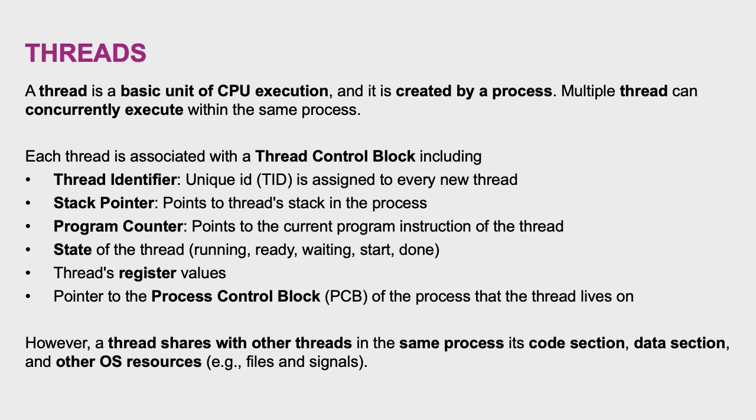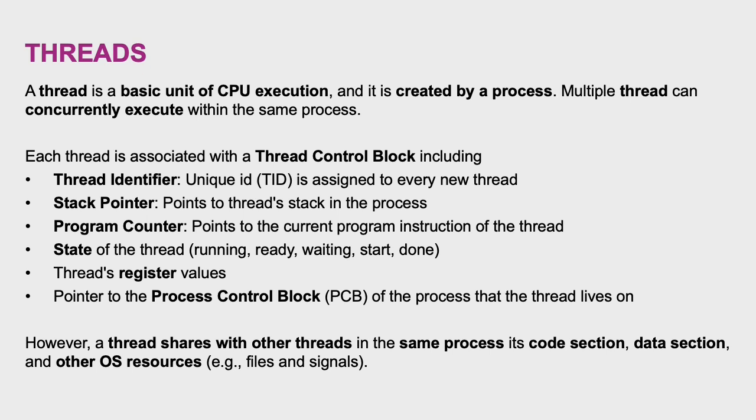Similarly to the process control block, in multi-threading we have the thread control block, TCB. TCB is used to store information about thread state, execution context, and scheduling information. This information includes thread ID, priority, scheduling status, CPU registers, stack pointer, and synchronization objects.